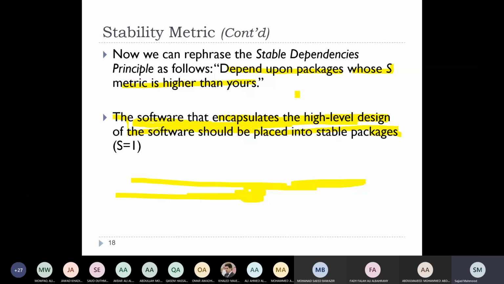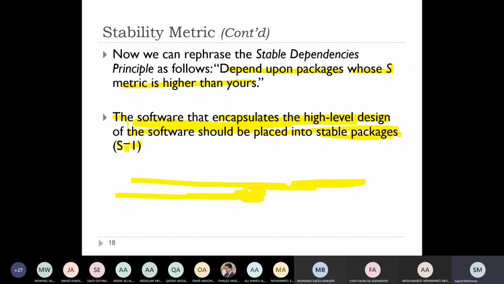So if I have a bunch of classes which are very core to my system and very stable, and they should not be changing a lot, or I'm not going to make them change, then by intuition, it's clear that the high level design part of the system, the things which are not going to change, I should put into stable packages whose value of S is 1 or close to 1.